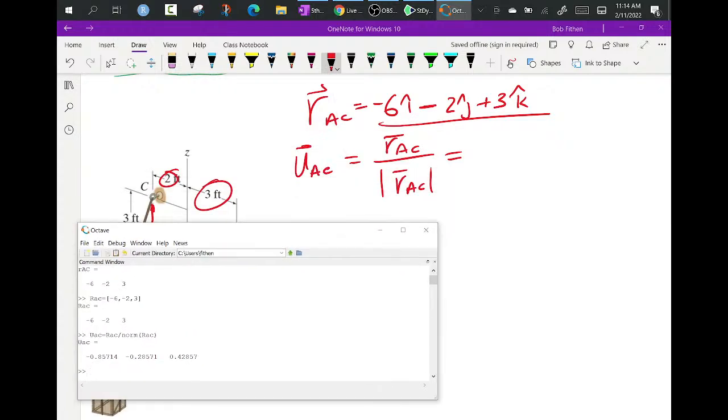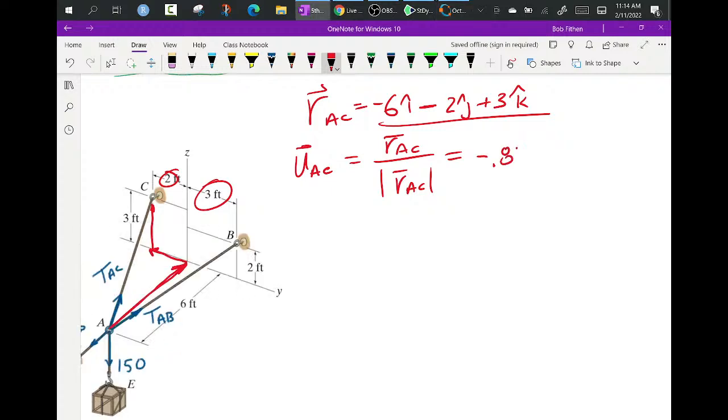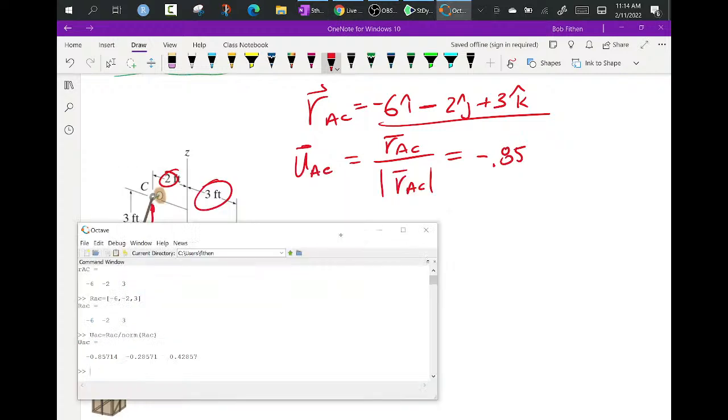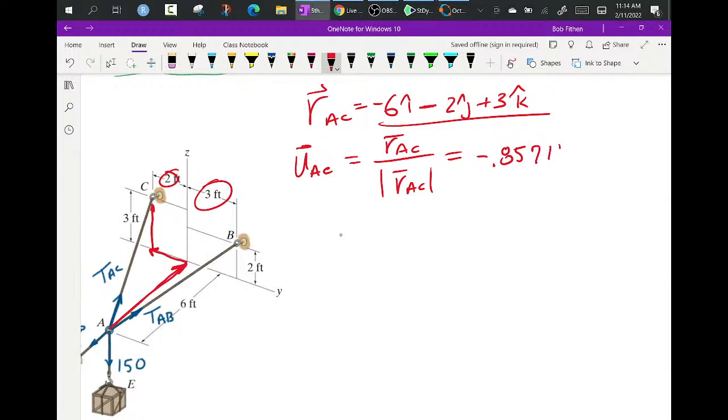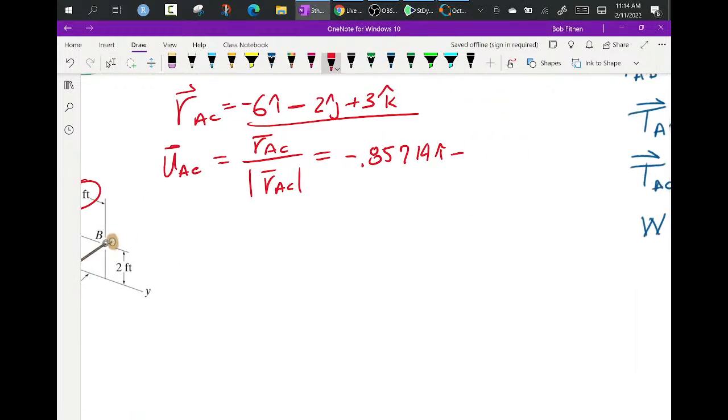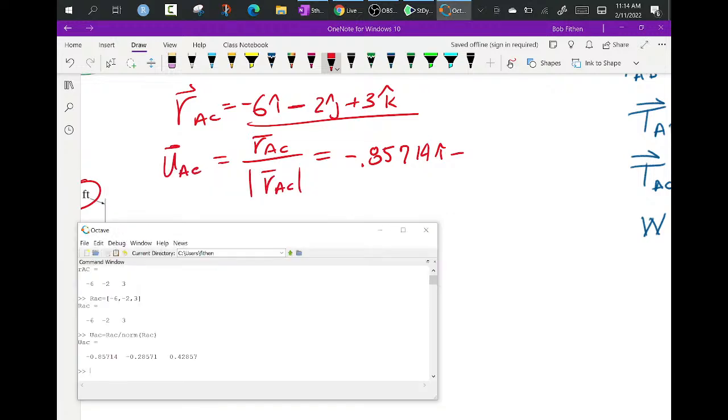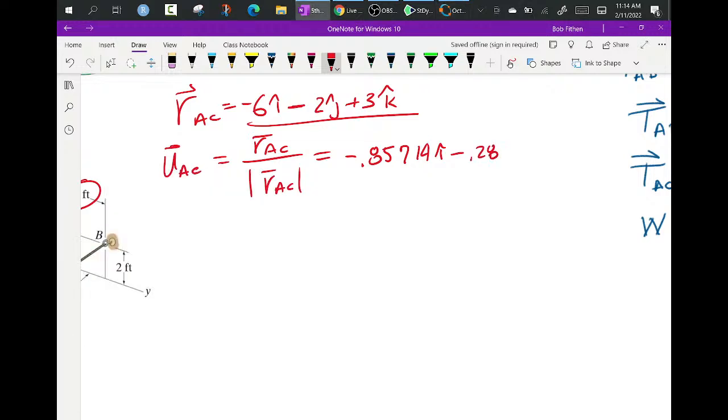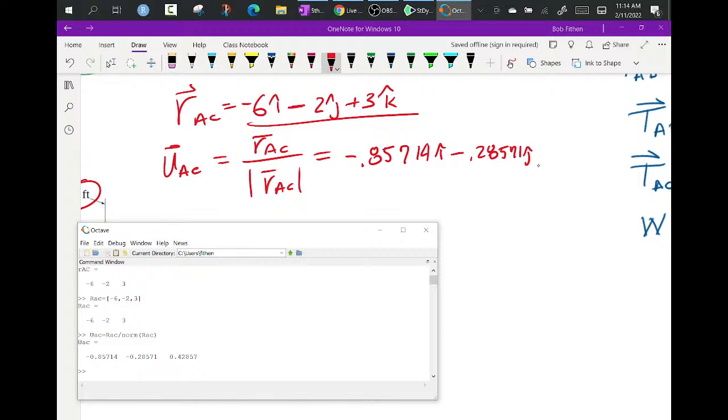Okay, it's minus 0.85714I minus 0.2871J, and there's extra digits here, but I'm not going to write them.